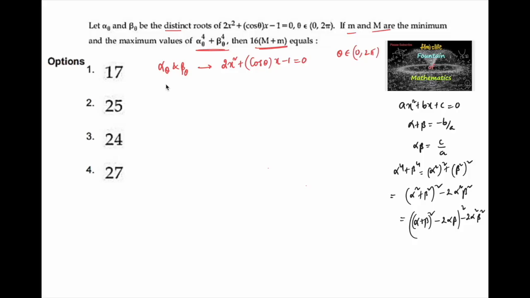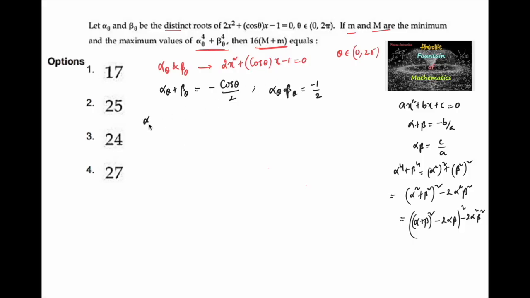So let us simplify here. Alpha theta plus beta theta, the sum of the roots, is equal to minus b by a, that is minus cos theta divided by 2, and the product of the roots alpha theta into beta theta is equal to c by a, that is minus 1 by 2.